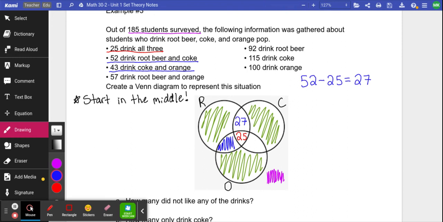We want to figure out how many of them don't drink root beer. So I'm going to go 43. I'm going to subtract that 25 that I already counted, and that'll give me a total of 18 people who drink Coke and orange, but not root beer. That gives a grand total of 43 who drink orange and Coke.